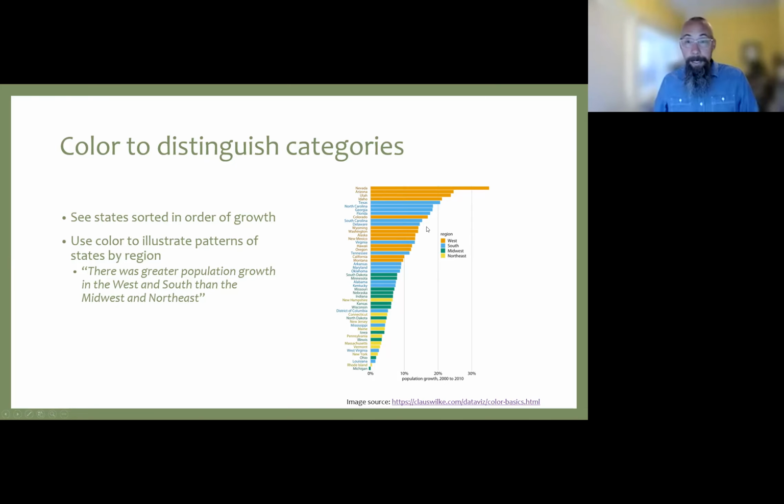And so what we can see with the color is it appears that almost all the population growth was in the West and the South, and the smallest population growth and the one place that had population shrinkage was in the Northeast and the Midwest. So color in this way helps distinguish categories in this otherwise rank ordered chart.